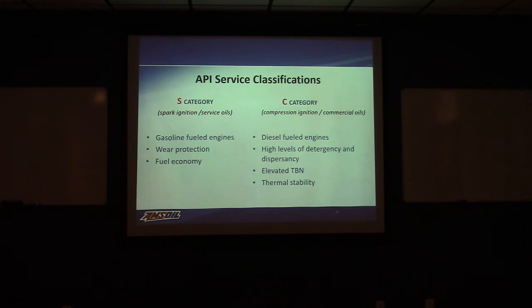And soot can be a real dirty, nasty thing. It has to be handled correctly. It's not a situation when we deal with gasoline, soot's not generated, not to the same extent. So detergent dispersancy is going to be an issue. Elevated total base number, its ability to neutralize acidic solutions or materials is a concern, and thermal stability.